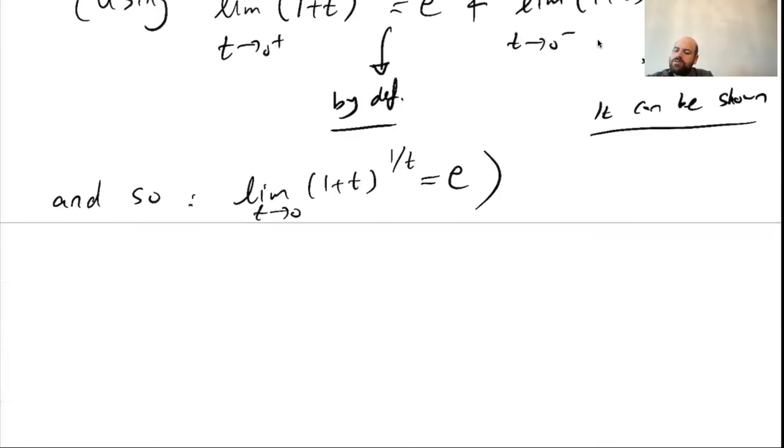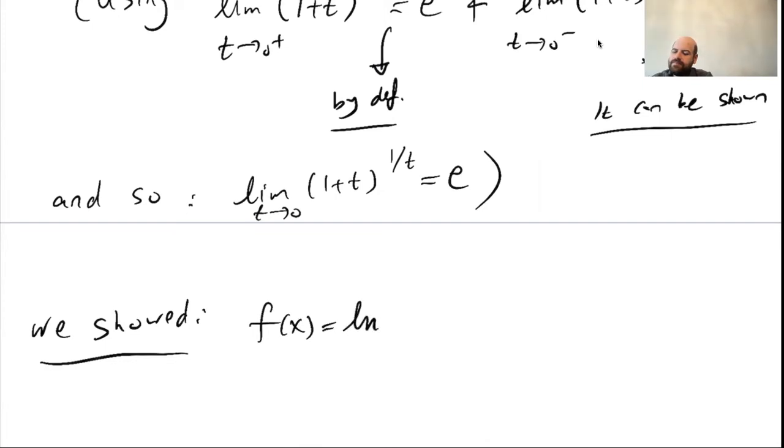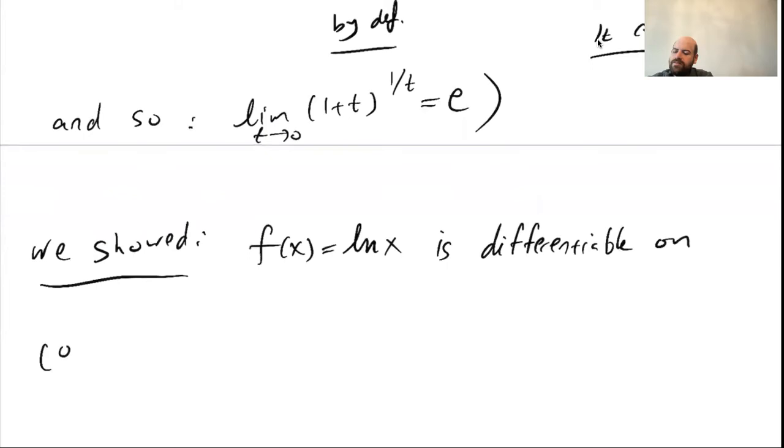All right, so what did we show? We showed that f of x equals ln x is differentiable on 0 to infinity, and f prime of x is equal to 1 over x.